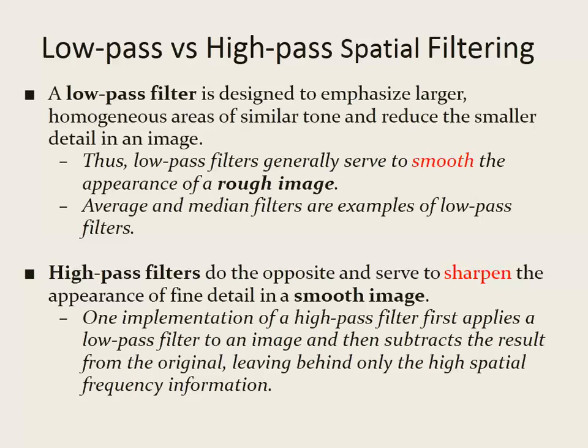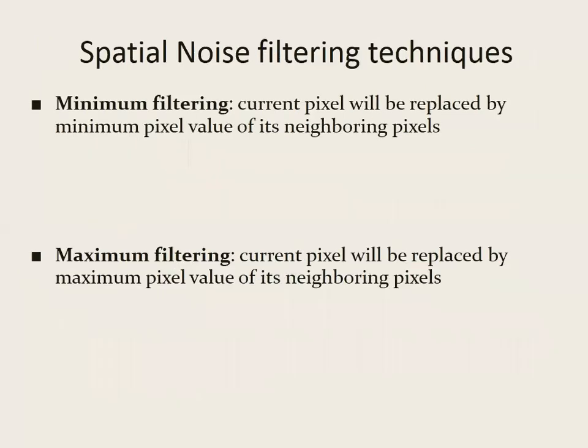A smooth image may need sharpening, especially at the border. For that, we need high-pass filtering. High-pass filtering can be applied by subtracting from the original image an image which passed through the low-pass filtering. So from the original image, if you subtract a low-pass filtered image, you will get a high-pass filtered image. That means a sharpened image.